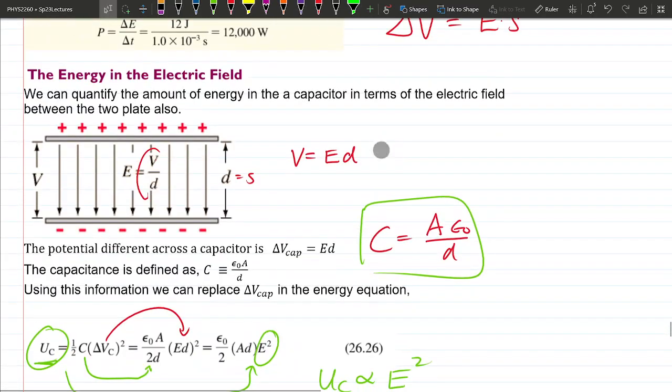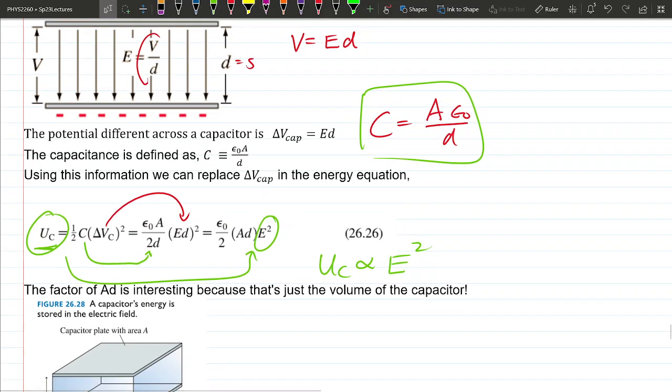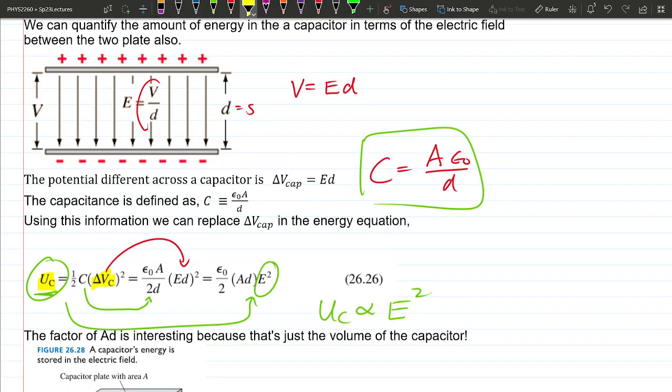What I'm going to do now is convert this 1/2 capacitance times the voltage squared into the electric field between the plates of a capacitor. Remember, with a parallel plate capacitor, the electric field between them is basically constant.